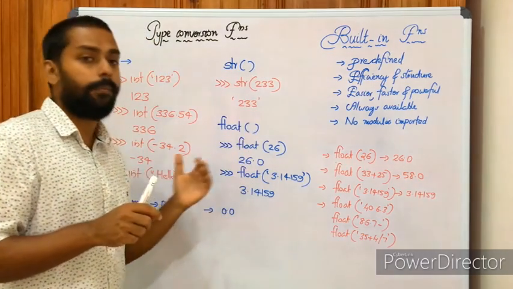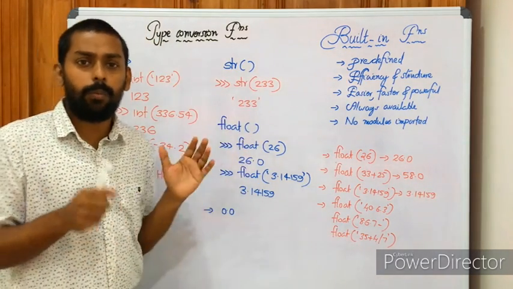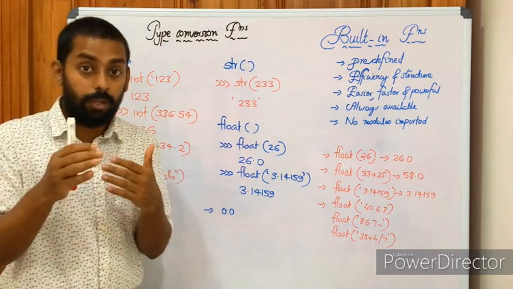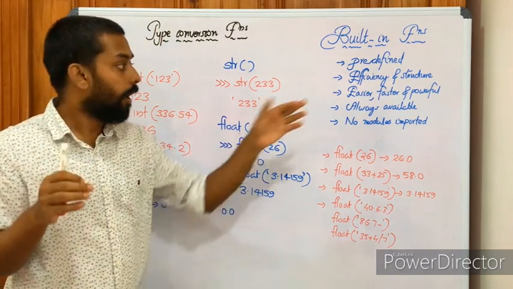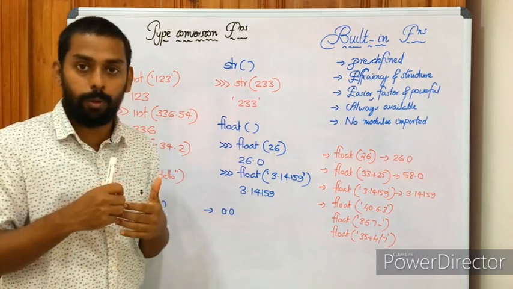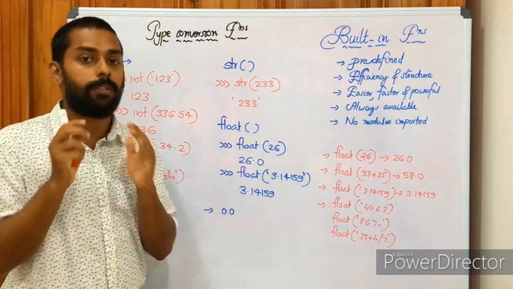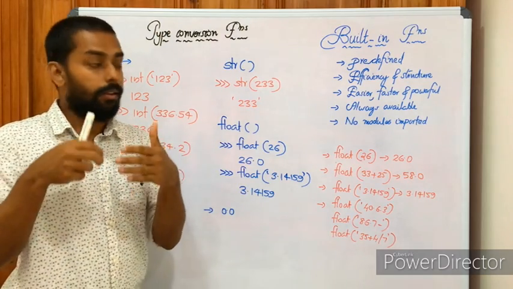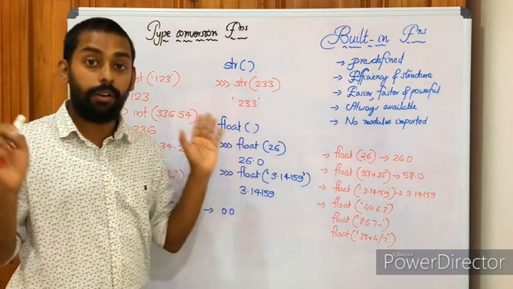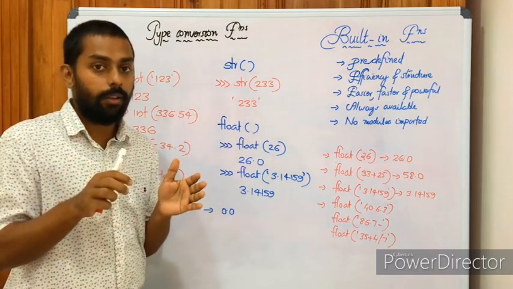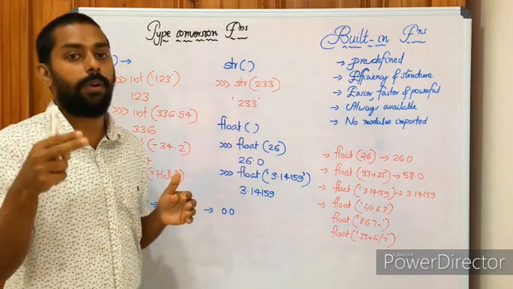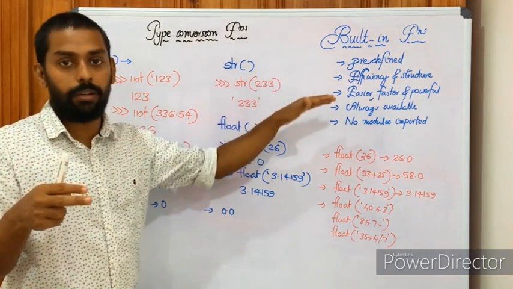So these are some of the built-in functions. You know what a built-in function is? Built-in functions are predefined functions which are already defined in Python, and this makes the program efficient and provides structure to a program. There are a number of functions available which make the program easier, flexible, faster and powerful, of course, and these are already available in the Python standard library, and we don't have to import any special module or file for running built-in functions.